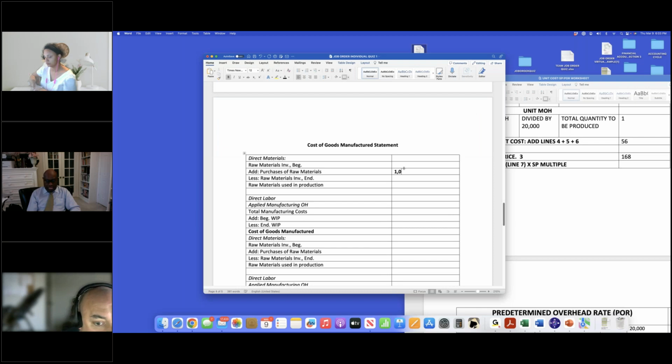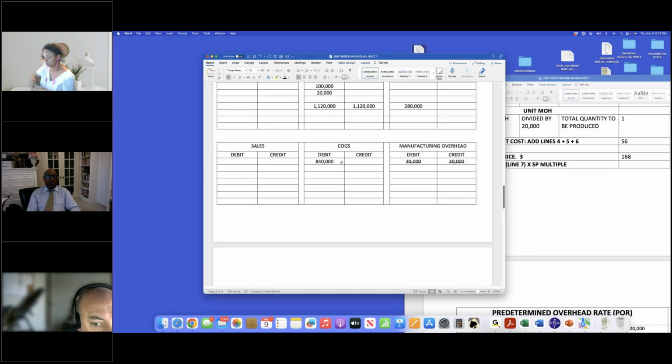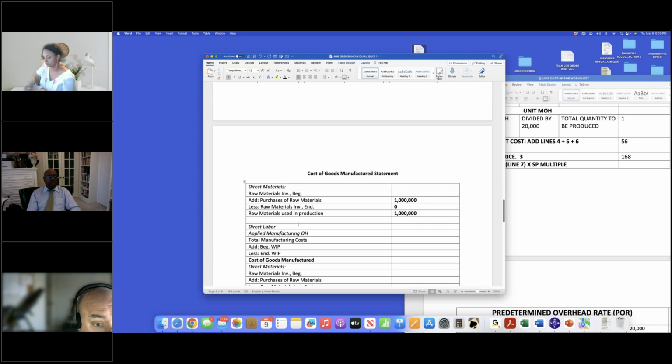We didn't have anything left, so the raw materials used in production is $1 million. That number comes out of the work in process account. The second thing is labor. Notice I highlighted 3 areas: direct materials, direct labor, and the applied manufacturing overhead.